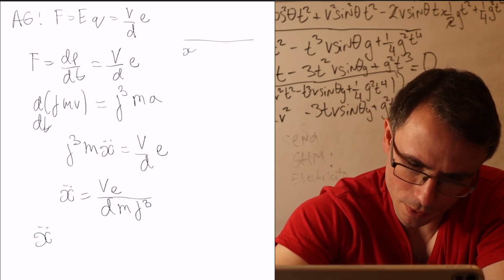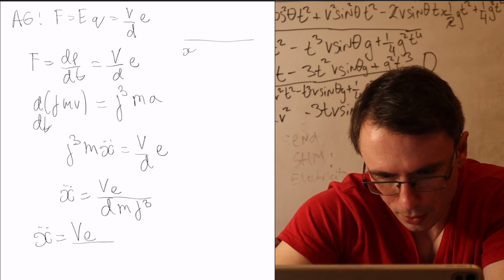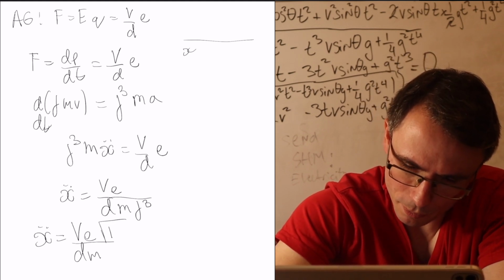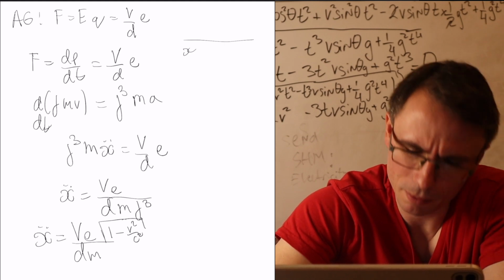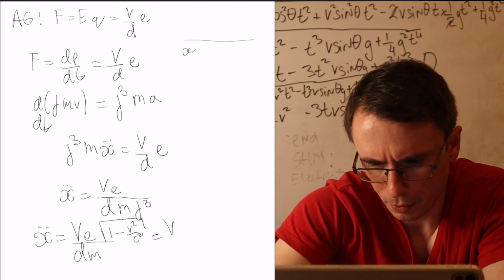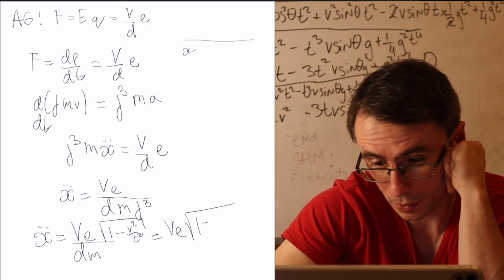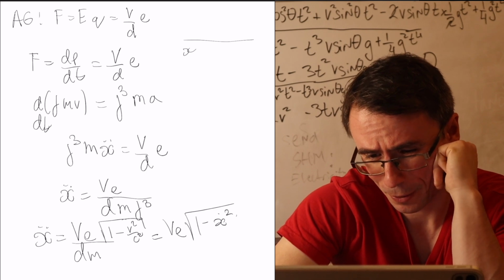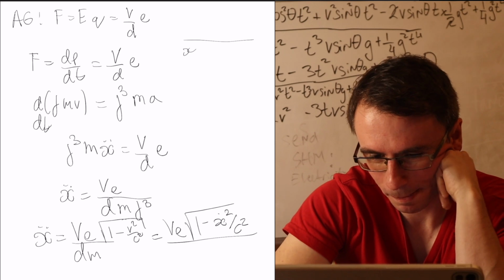Now x double dot will be equal to V e over d m, 1 over the square root of 1 minus v squared over c squared, which is equal to V e, 1 minus the velocity, the first derivative, squared. I don't like the look of this differential equation.